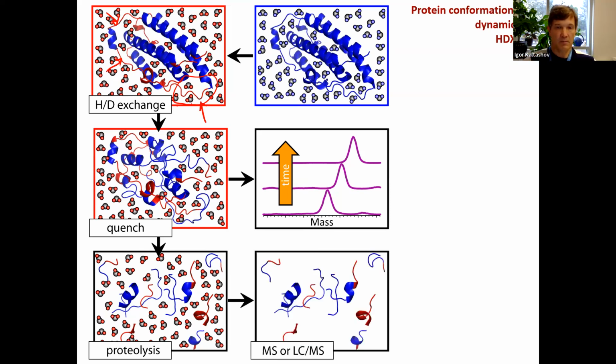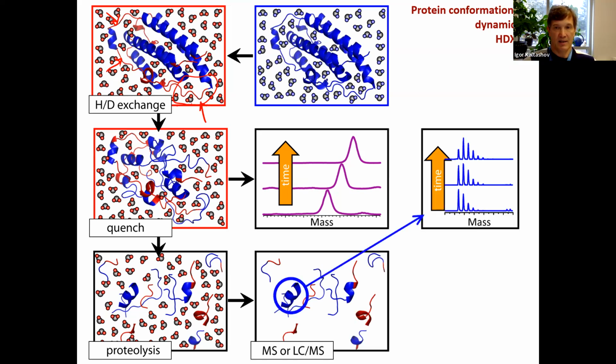Then you resolve the species using, let's say, LC-MS, and you look at their masses. And so peptide ions that represent protein segments that were involved in secondary structural elements, or perhaps were sequestered from the solvent in the interior of the protein, you would observe very little exchange with time there.